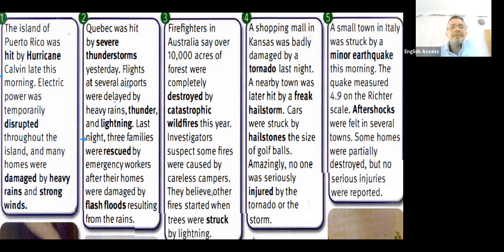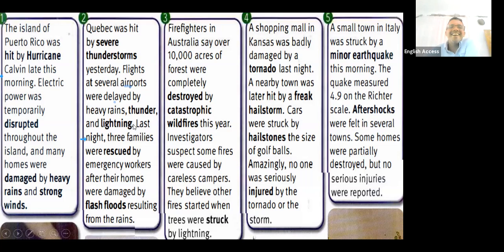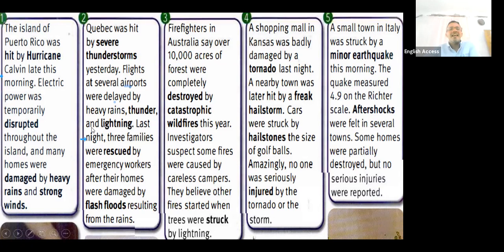Thundercats. Yes. Lightning. Lightning. Rescued.